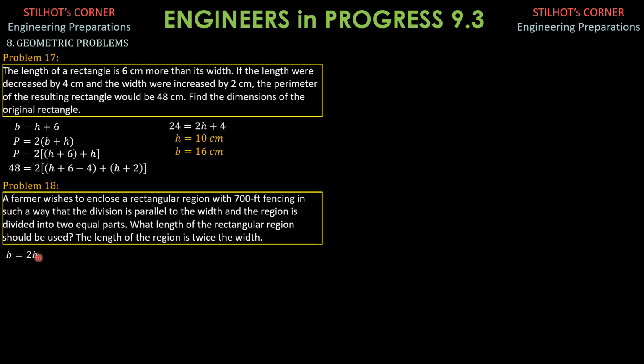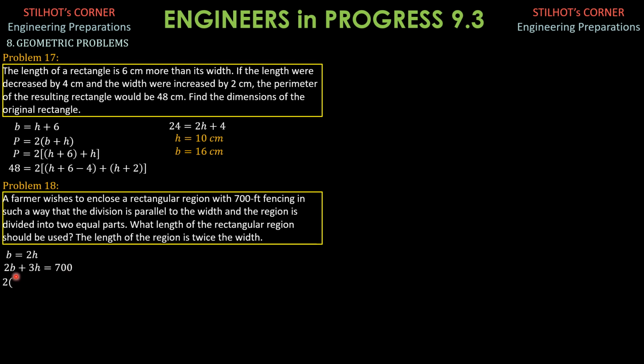And the length is twice the width as stated here. The length of the region is twice the width. So the perimeter 2B plus 3H equals 700.